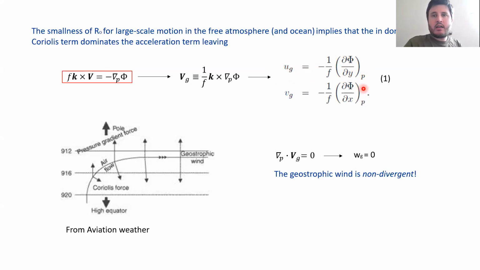And the same for the meridional velocity, but in that case it is proportional to partial phi partial x.